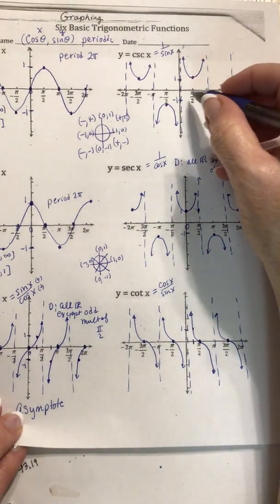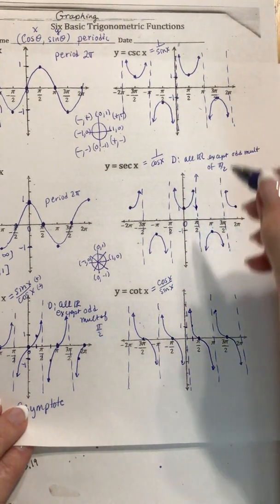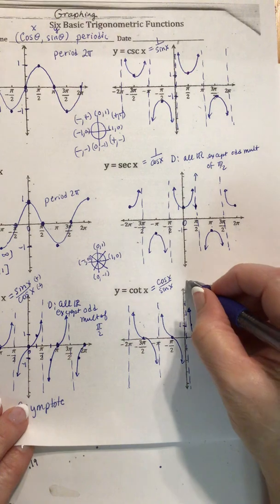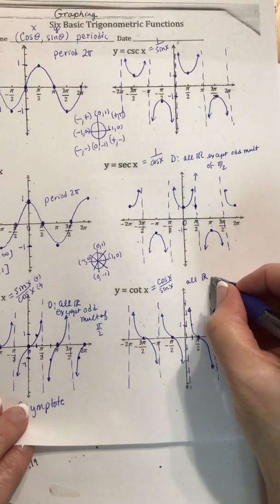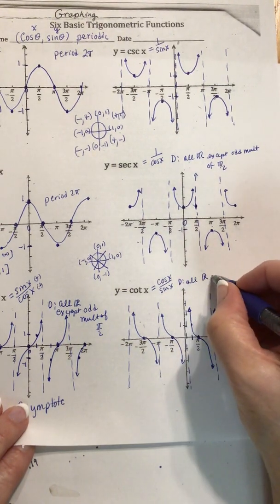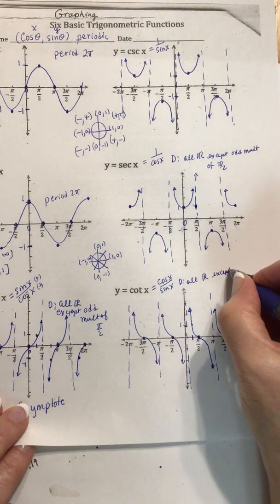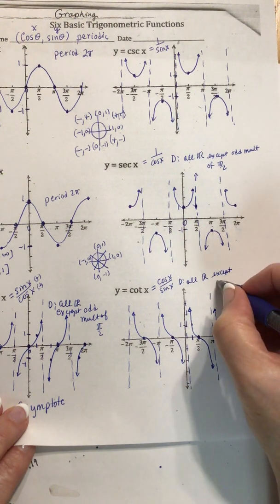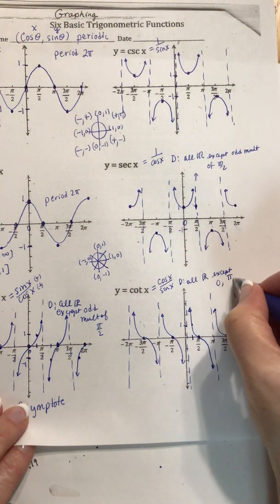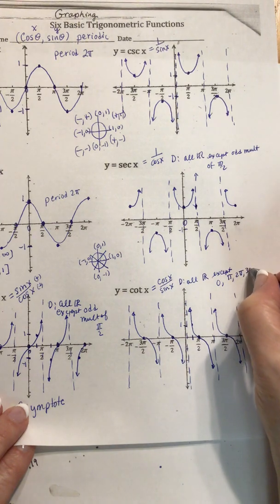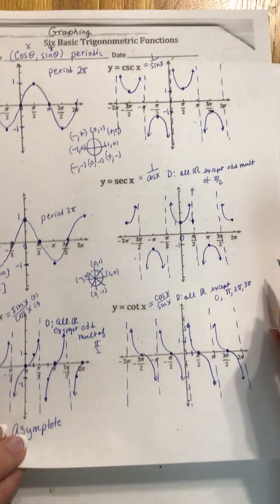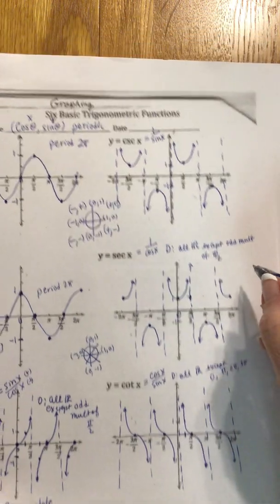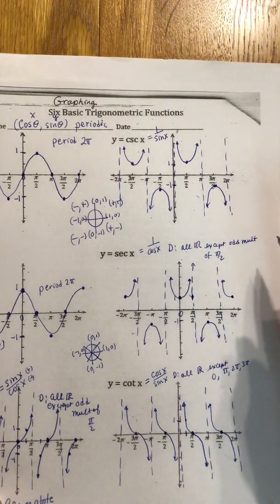Same thing on this one, 0, pi. So cosecant and cotangent are going to be all real numbers for the domain except multiples of pi. So 0, pi, 2 pi, 3 pi, and so forth. And that would be the same one for cosecant.